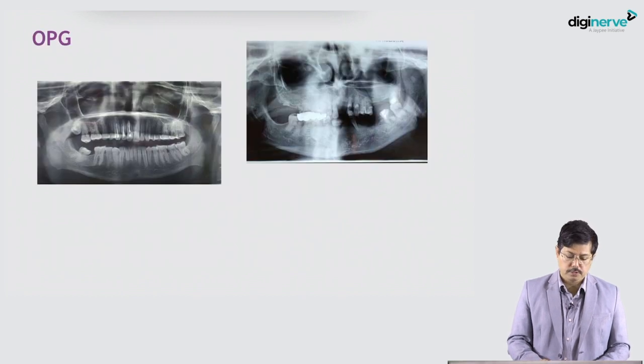Orthopantomogram for us as surgeons has been a boon, given the anatomy of the mandible that we have now discussed, and the anatomy of the mandible needs to be understood before you think about a mandibulectomy.